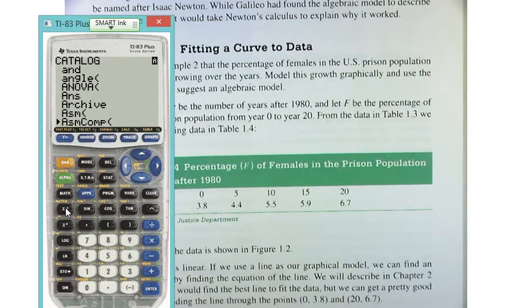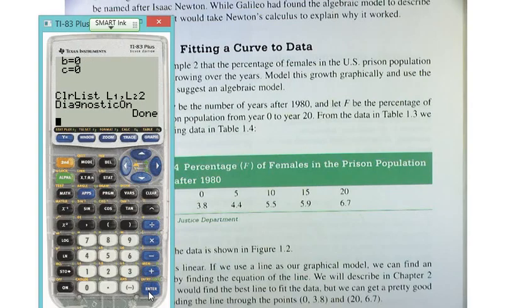If you just hit this letter, I think it is D, it'll take you right to the D's. So I'm going to scroll down to diagnostics on, turn that on, it's on. Now whenever I do a linear regression, it'll give me an R-squared value. Now the R-squared value is a way of letting me know how close every data point is to the line. So why would I want to do that?